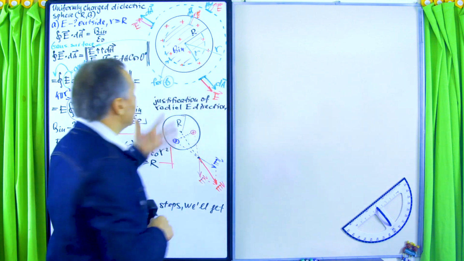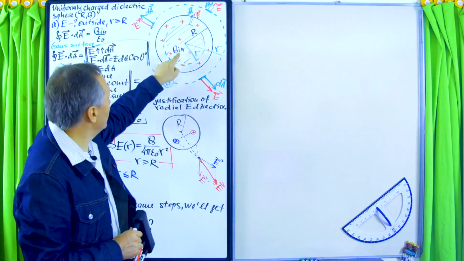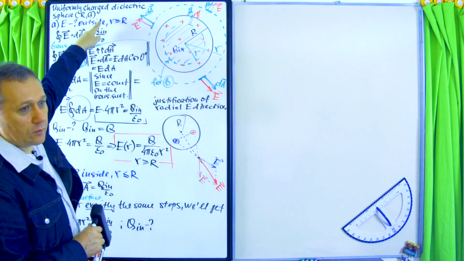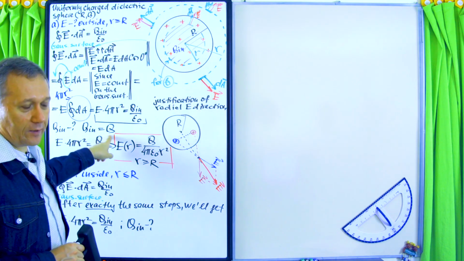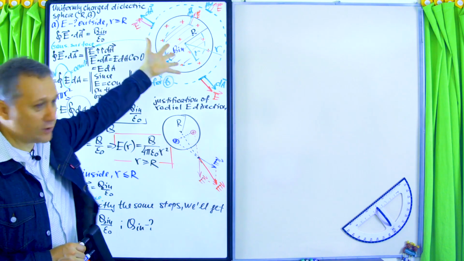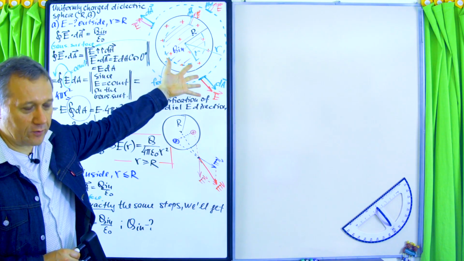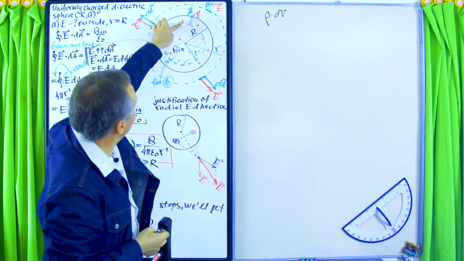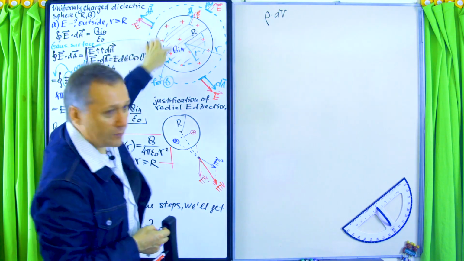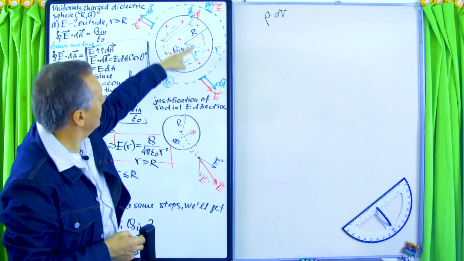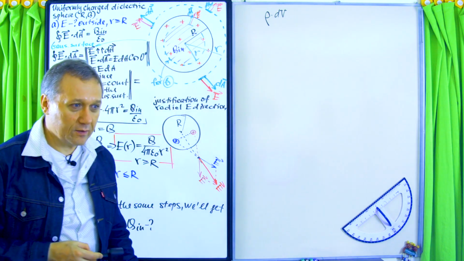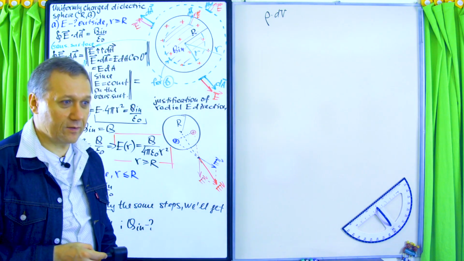Okay, so now it's obvious that this Q enclosed is less than this Q which we used in part A. So now we just need to find that smaller amount of charge. We want to find the amount of charge in this volume. So it's not dV. We can easily write the volume of the Gaussian surface.